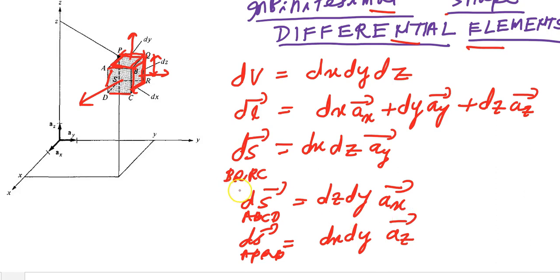So quite easily, you take any surface and watch for the unit normal vector, then take the surface area times that unit normal.